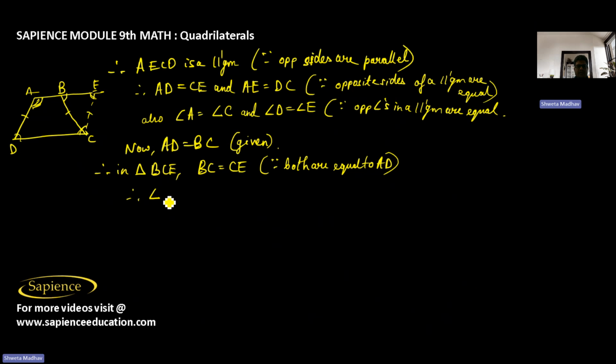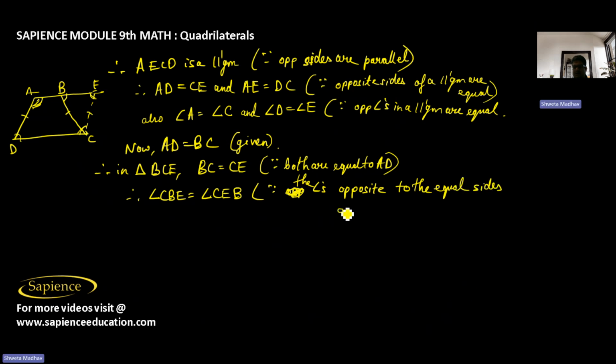So I can say that angle CBE is equal to angle CEB, since the angles opposite to the equal sides of a triangle are also equal.